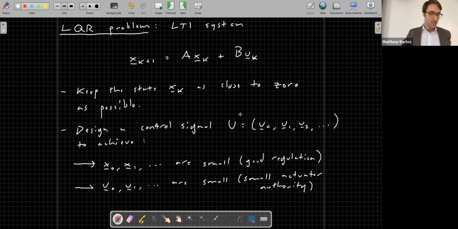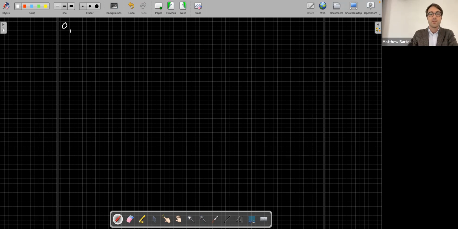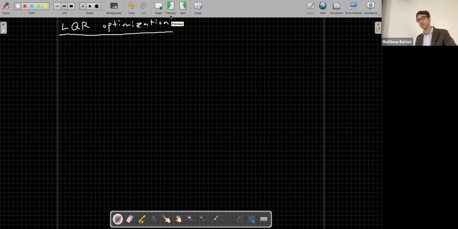All right. So we can set this up as an optimization problem. I'll just call this LQR optimization. So we want to minimize both the deviation of our state from zero, and we want to minimize the control energy we're using to do so.